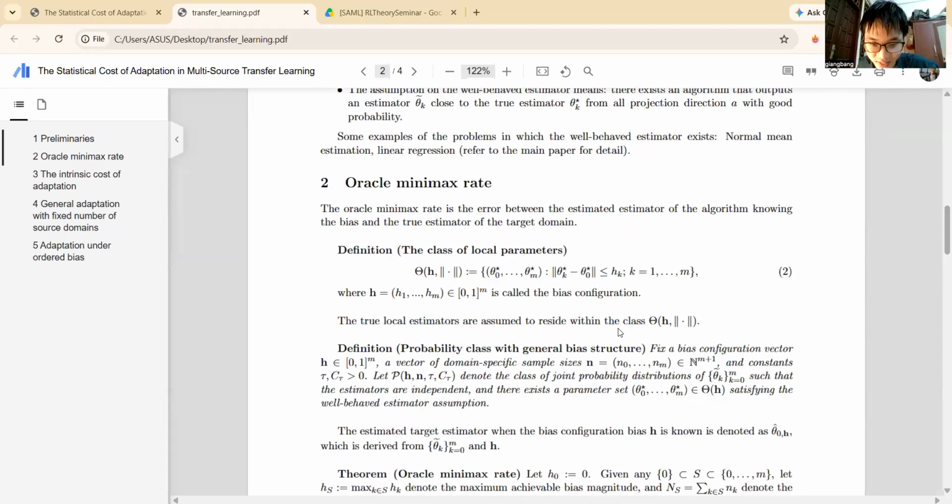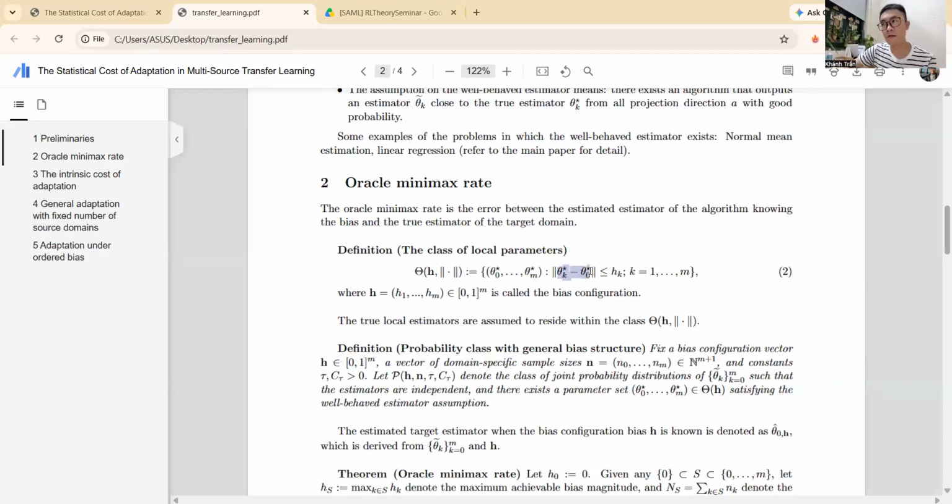But why is the bias configuration constrained to 0 and 1? It's a range: the bias configuration is a value between 0 and 1. It can be 0.5, 0.6. It's the upper bound of the distance.